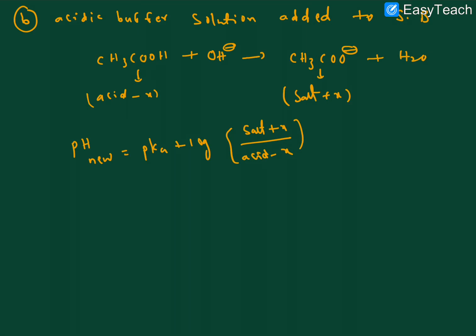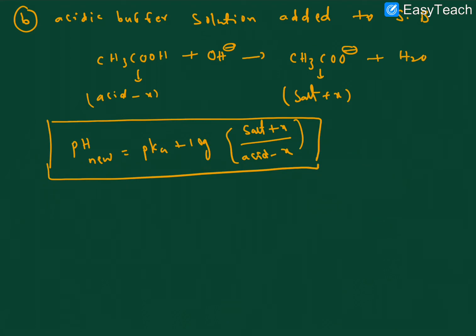Simple thing: whenever we add a base, the acid reacts with the base and the acid concentration decreases because it is reacting with the base. That's why we write acid minus X. I think it is very simple. I hope it is clear.